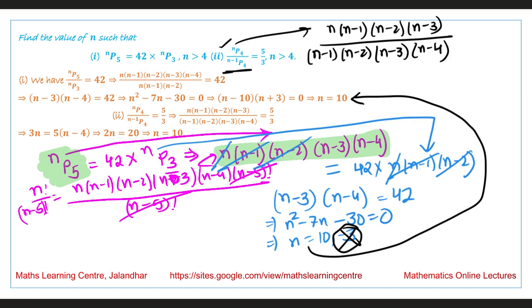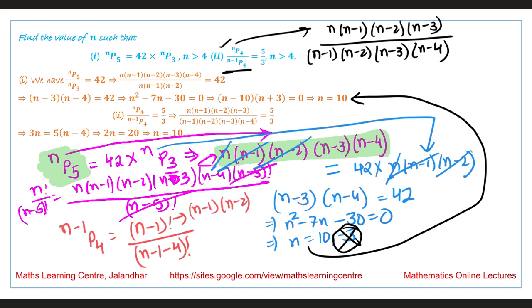We are talking about this term, (n minus 1)P4. That is basically equal to (n minus 1) factorial over (n minus 1 minus 4) factorial. N minus 1 factorial means n minus 1 into n minus 2, and so on, up to n minus 4 into n minus 5 factorial.